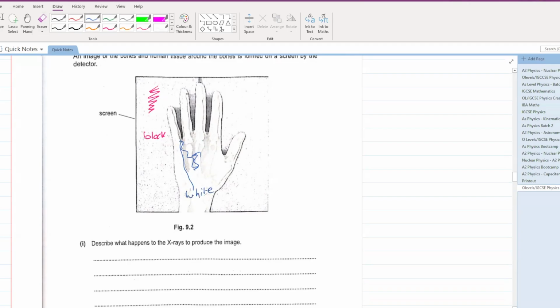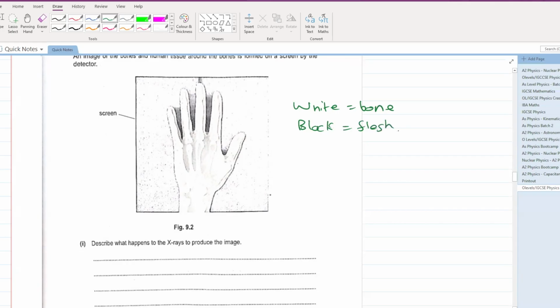All these bones are white, but because this is a scanned copy, you might not see it. White is bone, black is flesh.